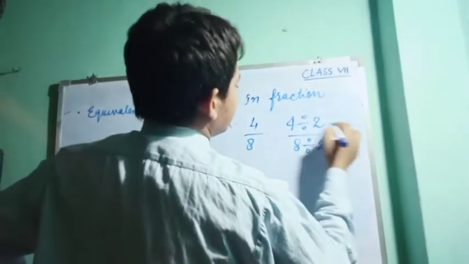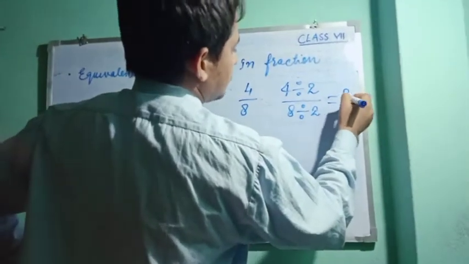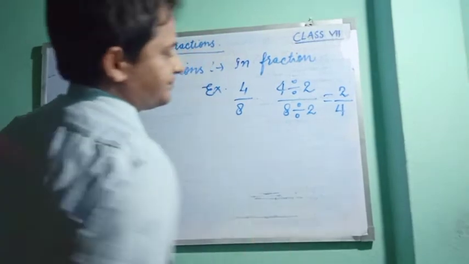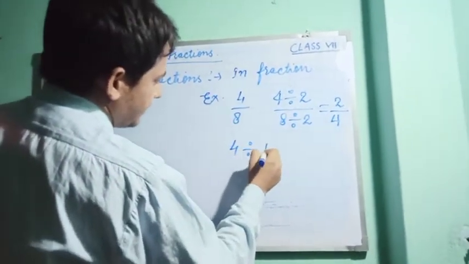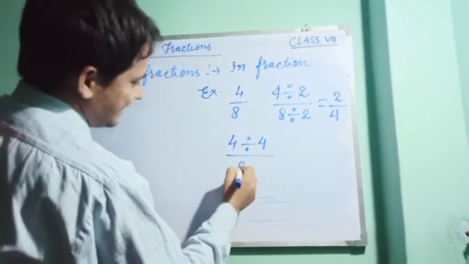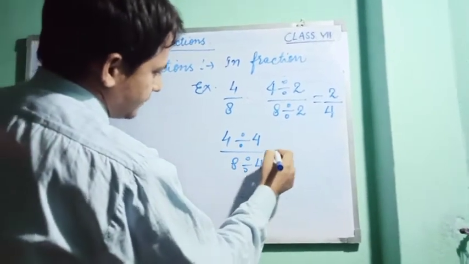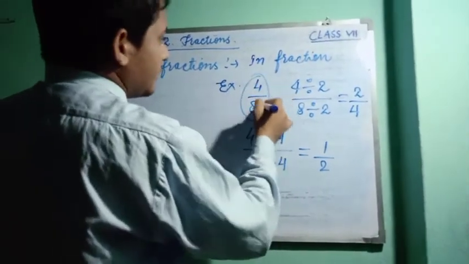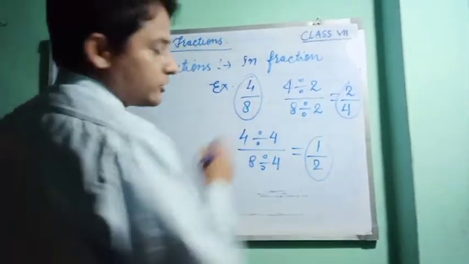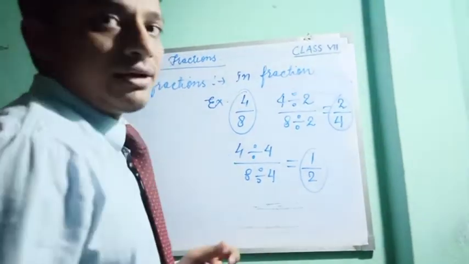This is 2 by 4. Once again, suppose 4 is divided by 4, a non-zero number, and 8 is divided by the same number, 4. It becomes 1 by 2. So all these fractions, 4 by 8, 2 by 4, 1 by 2, are equivalent fractions.